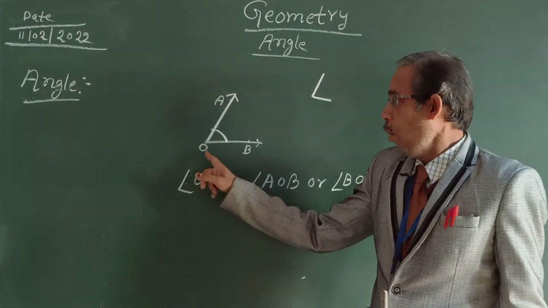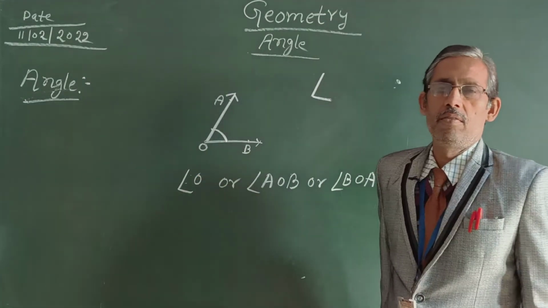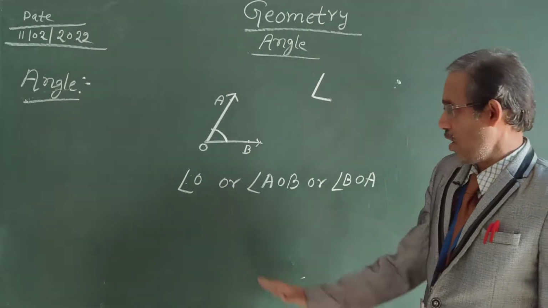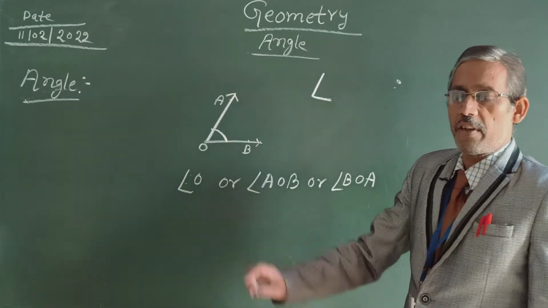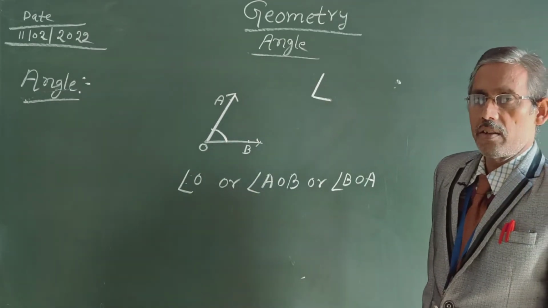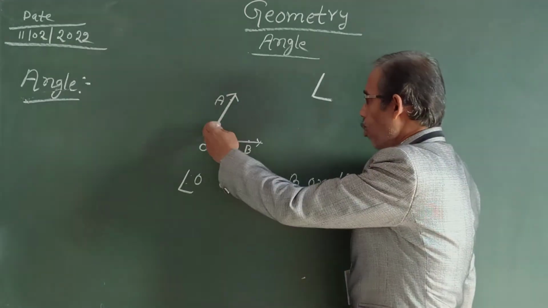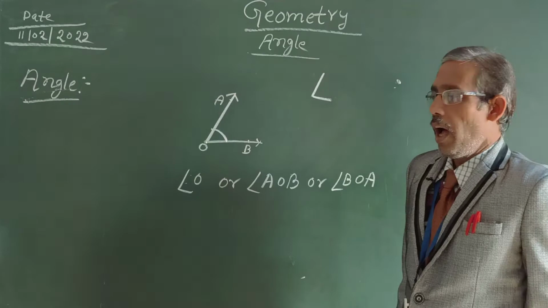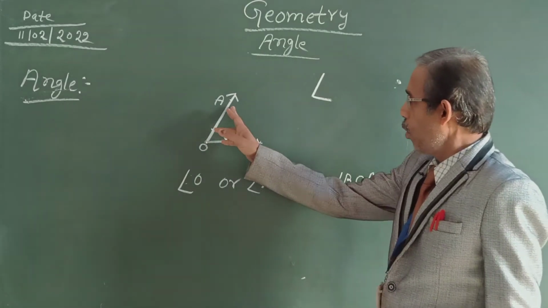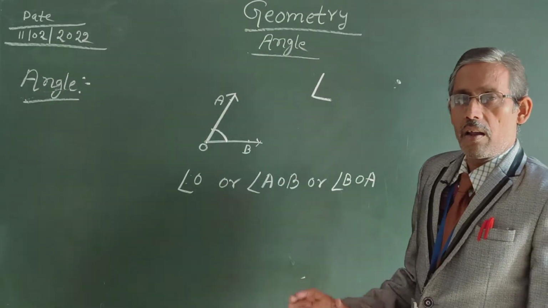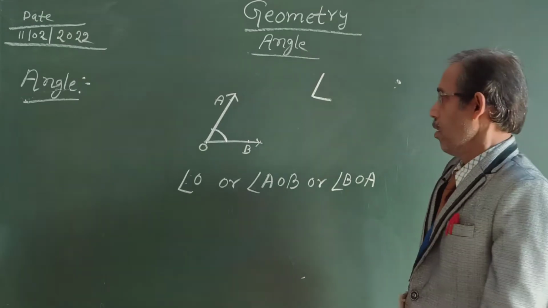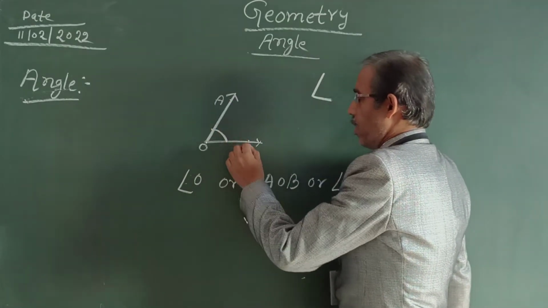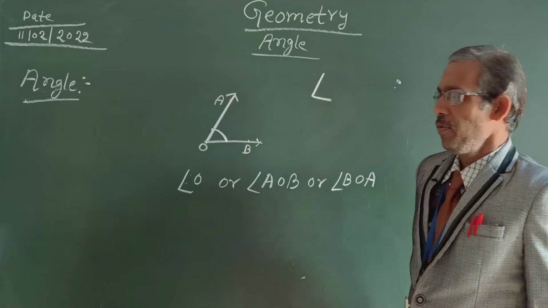O is the vertex of the angle because angle AOB is formed at this point O, and rays OA and OB are called the arms of the angle because from these two rays an angle is formed.